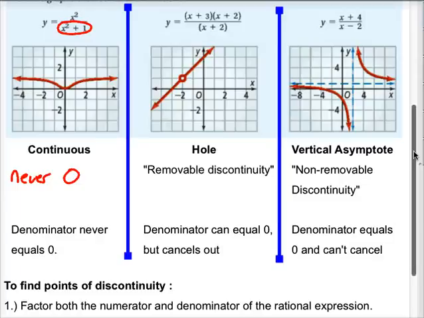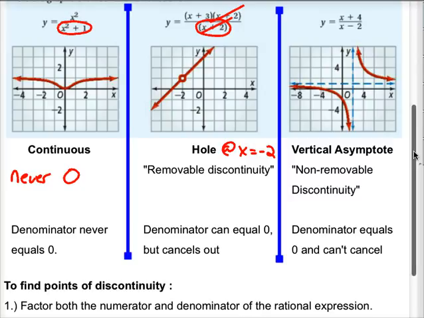Now, on the flip side, something else could happen. So I'm focusing on the denominator, but notice that it cancels out. So that means that there's a hole at x equals -2.